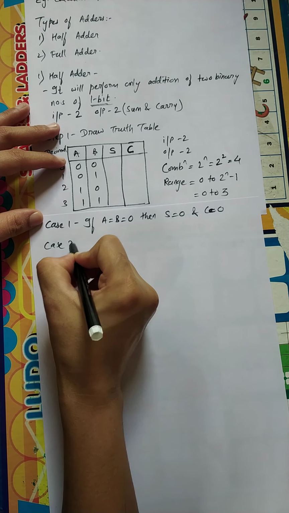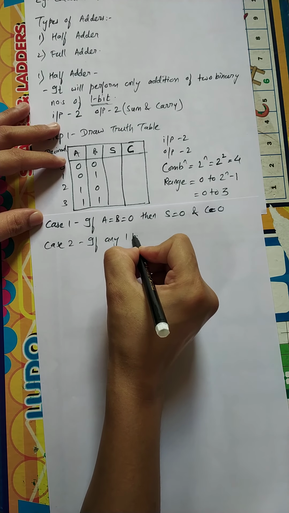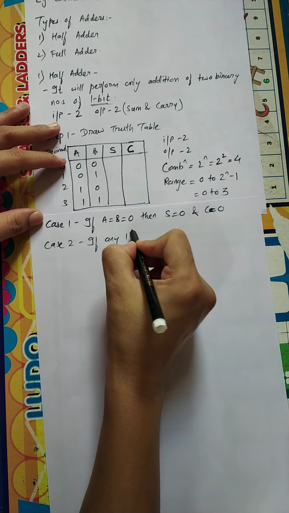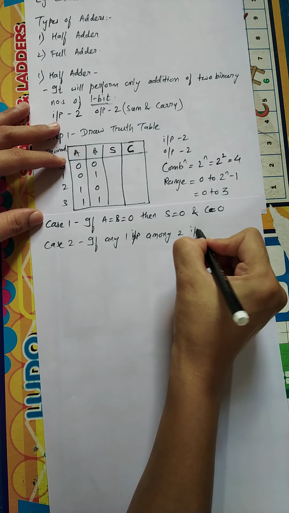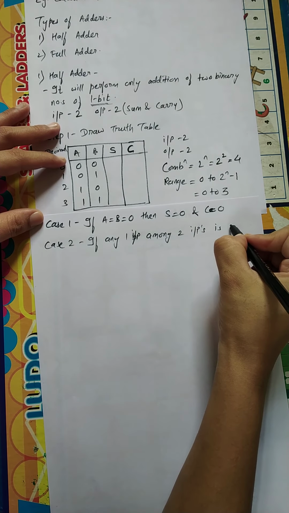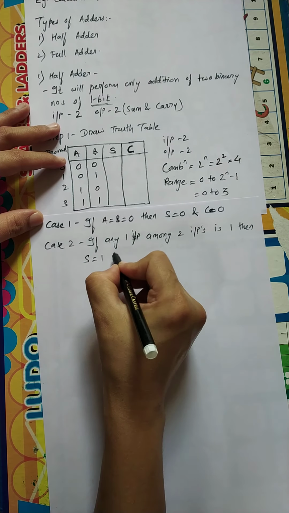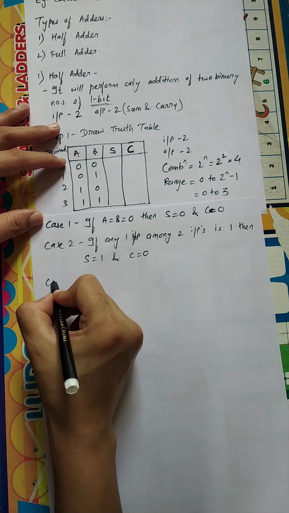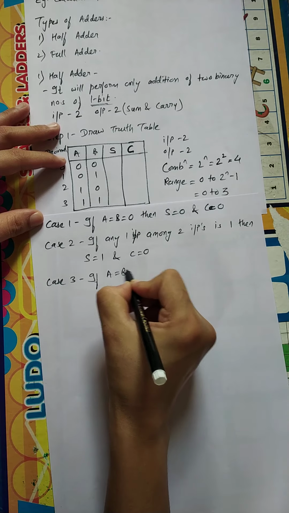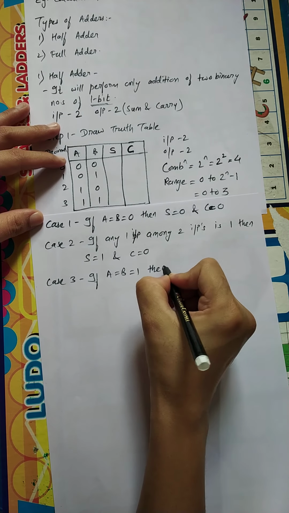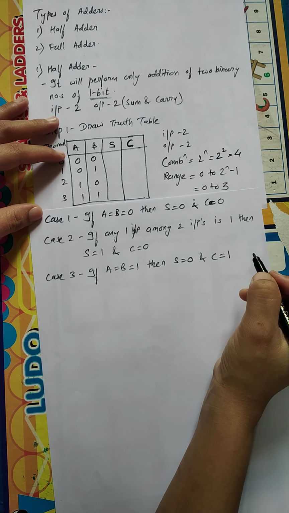Case 2, if any one input among the two inputs is 1, then sum will be 1 and carry will be 0. And case 3, if both the inputs A and B equal 1, then sum will be 0 and carry will be 1.